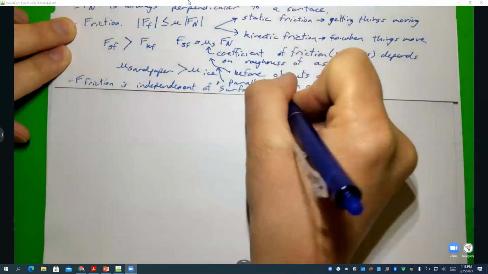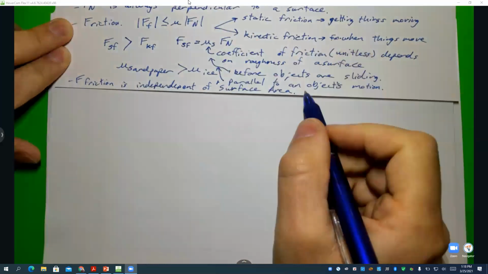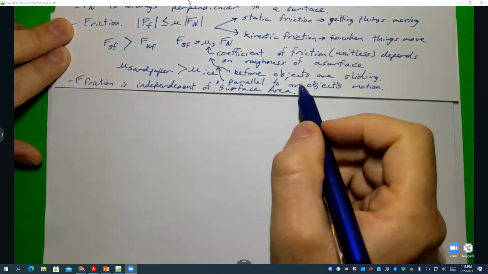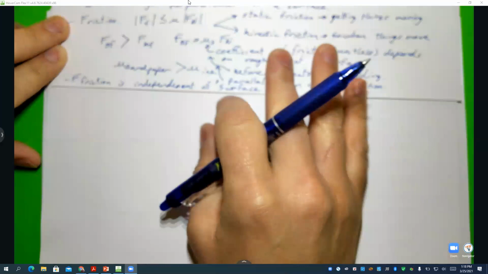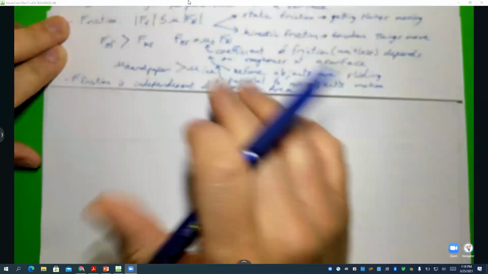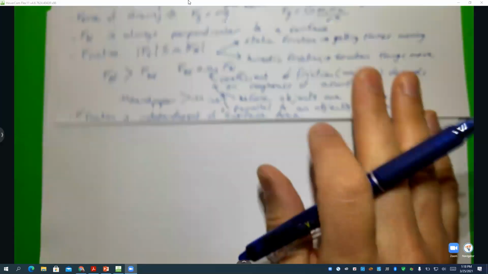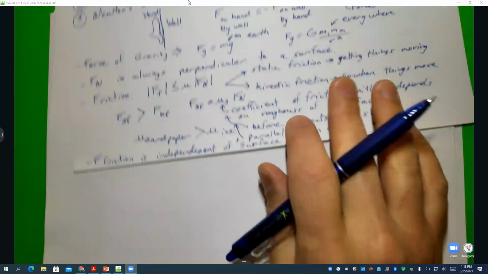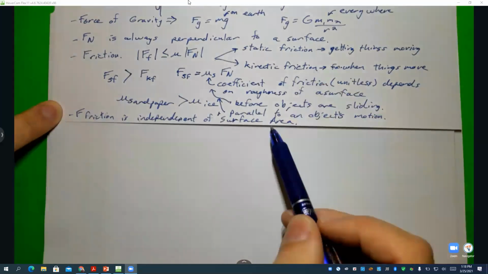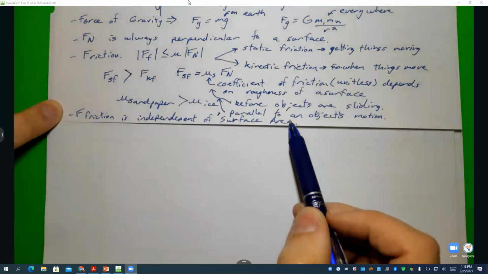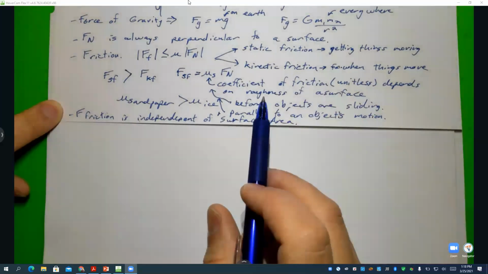We didn't hit that super hard this year, but it's good to know that it's independent of surface area, meaning that if it's a small amount for an object in contact with a surface, or a large amount of area in contact with the surface, then it's not going to change the force of friction. It might mean a difference in force of friction per unit area, but it is not going to change the overall force of friction experienced between two objects.